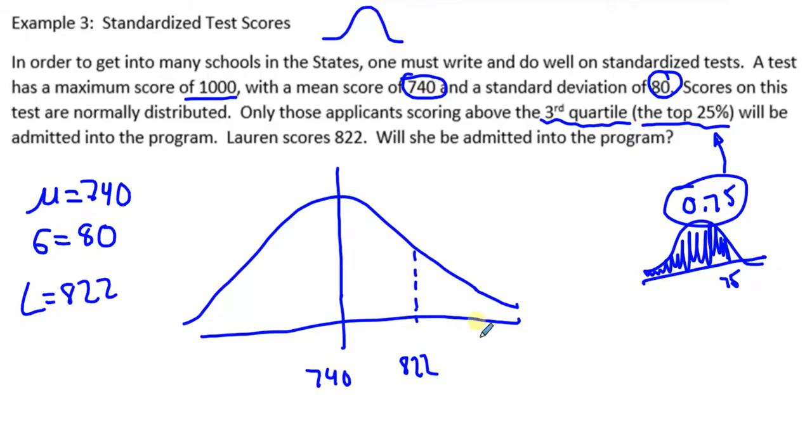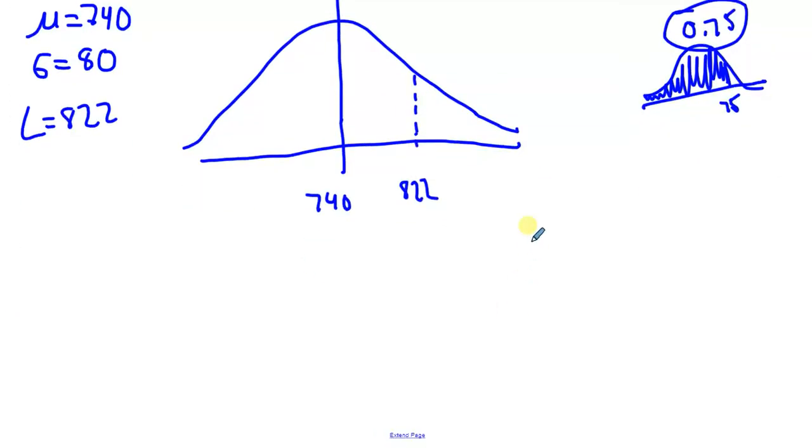So going back to this question, if we actually wrote out the Z-score, so Z equals X minus mu over sigma, well, the Z-score is, I had to look it up, 0.67.